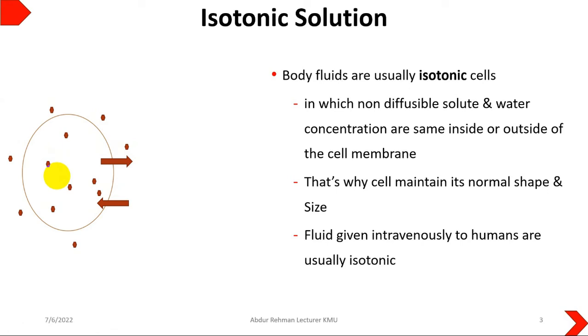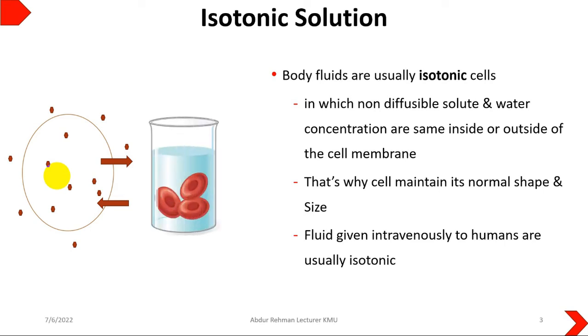That's one of the reasons that when we give a fluid intravenously to a patient, we give an isotonic solution, because it will have no impact on the cell shape and size. So that's the importance of the isotonic solution.